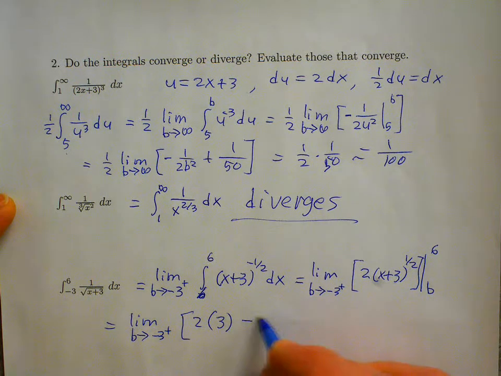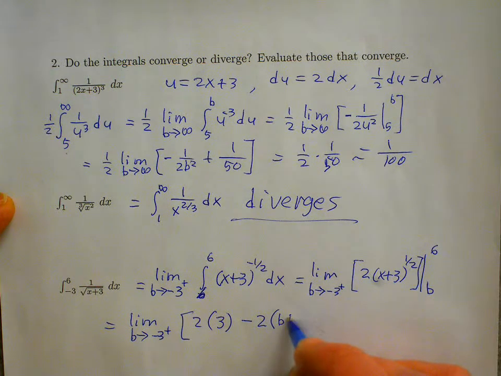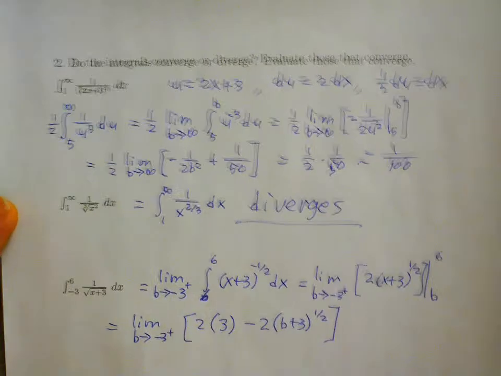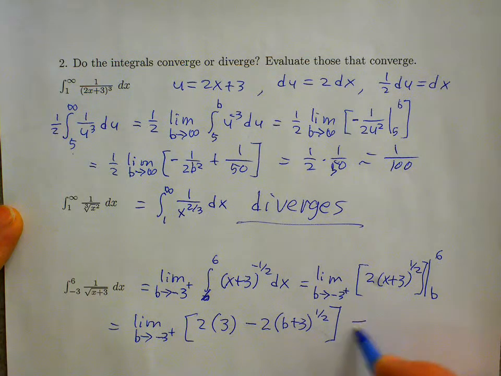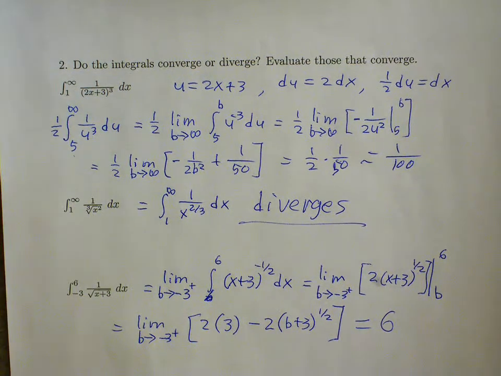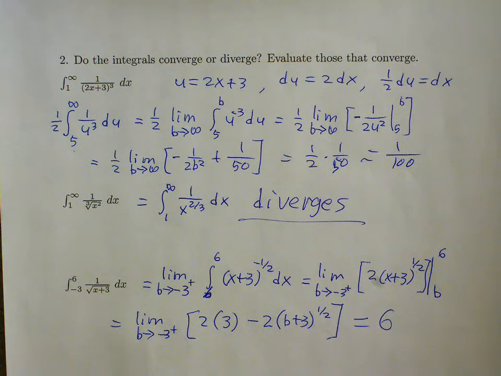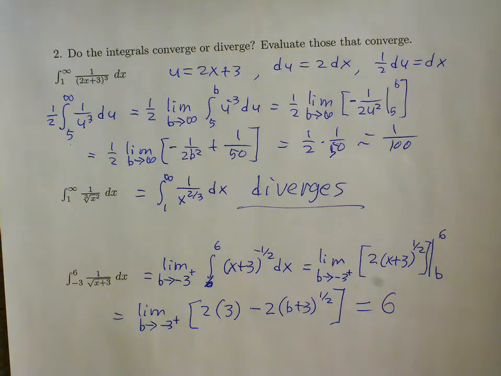And then minus 2 times b plus 3 to the 1/2. Okay, so when b gets close to -3, b plus 3 gets close to 0. So the limit is 2 times 3, or 6. Okay, the next page.